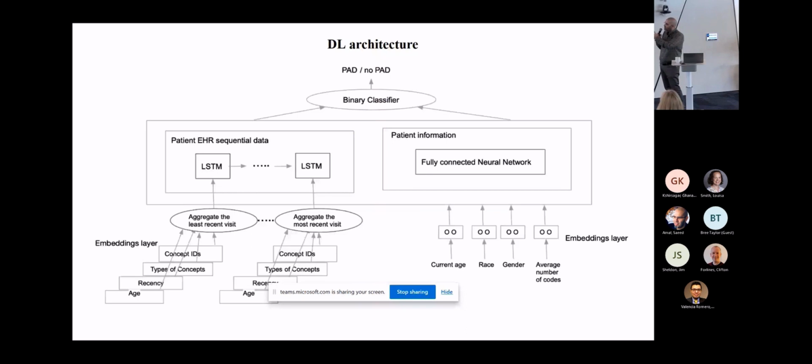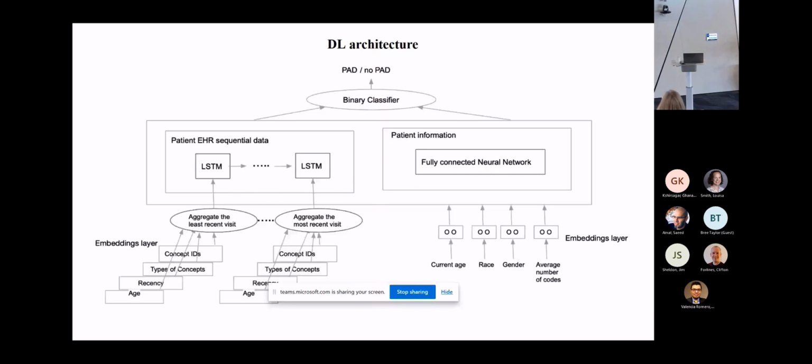In this case at Stanford, each one of the observations, diagnoses, and procedures had a unique concept ID, and the type of this concept, for example, diagnosis or procedure, and also the recency.